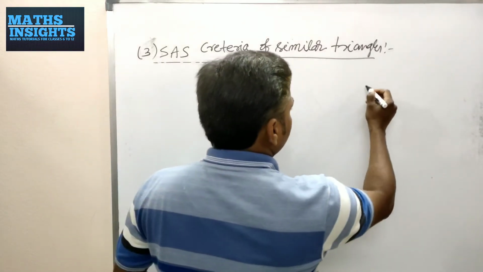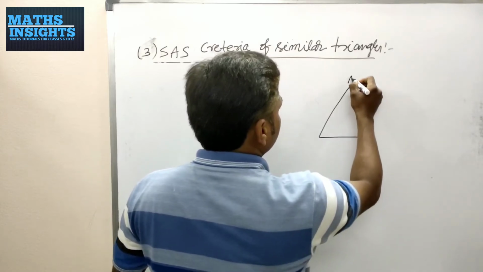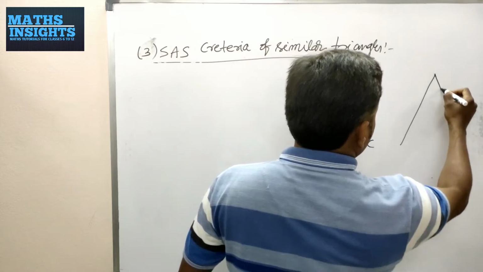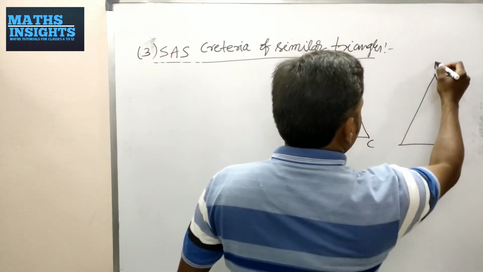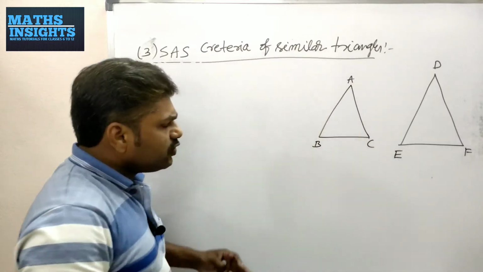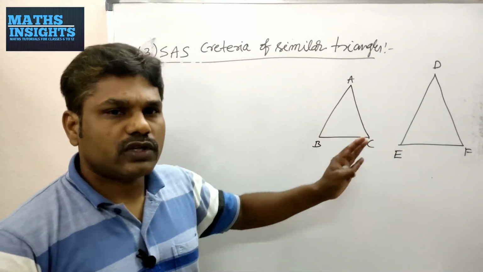So I am taking again triangle ABC, and this is DEF. You may take any angle which is corresponding to that angle.